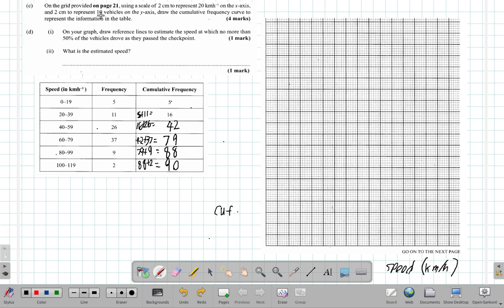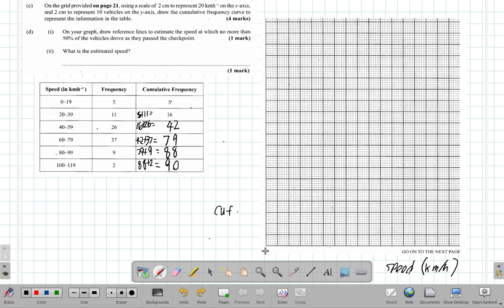Draw the cumulative frequency curve to represent the information in the table. On the x-axis, 2 centimeters to represent 20 kilometers per hour. Now, we start at 0 and go up to 119.